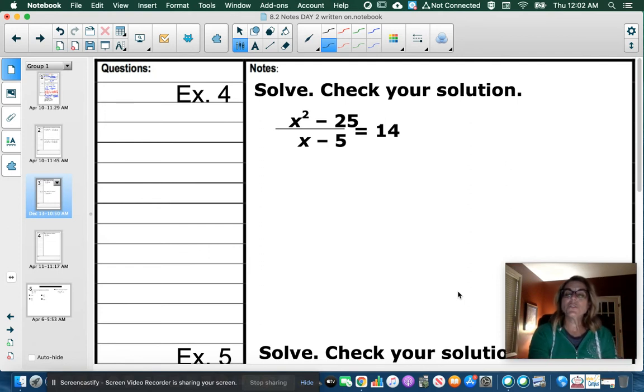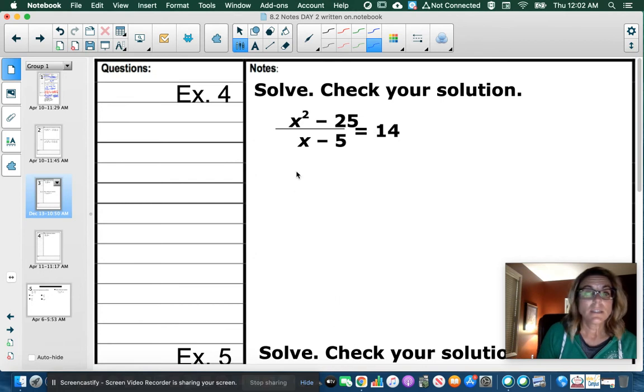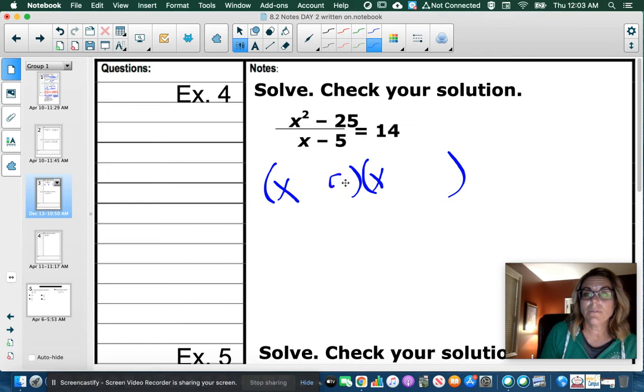So now there's different directions. Solve. Well, we're solving a rational equation. Same thing. Just like multiplying, just like dividing. I have to factor everything that I possibly can. So x squared minus 25 factors into this.